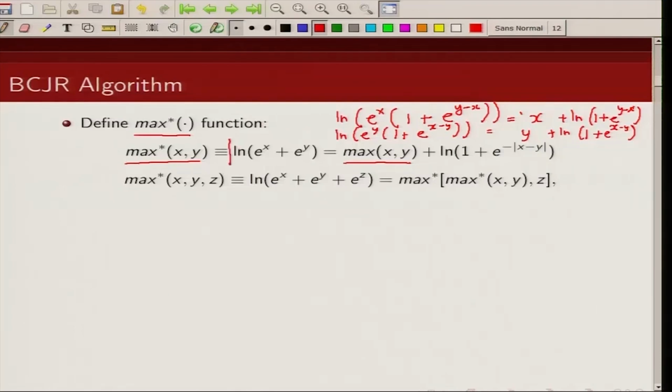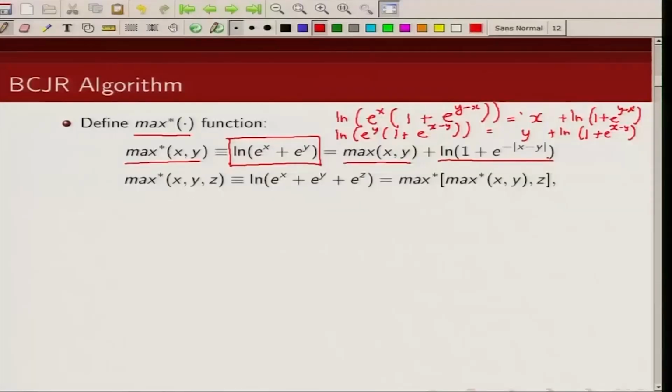So, whenever I have to take the log of terms of this form, I can implement it simply as the maximum of these 2 operands x and y plus some correction term, which can be implemented with a table lookup. And this operator can be extended to more than 2 operands.